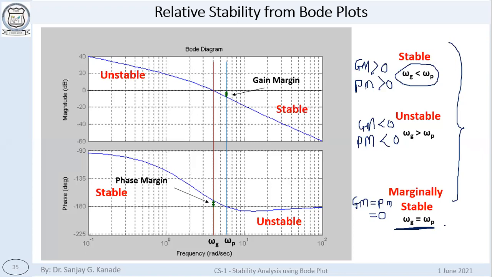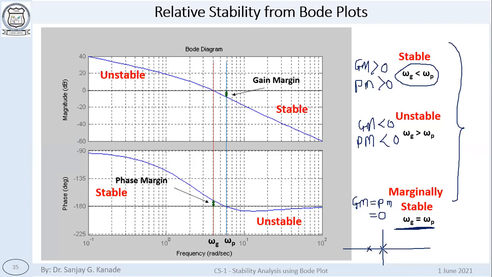Marginally stable means what? Marginally stable system means the system is already at the verge of instability, right? If you take a look at the poles, if pole is here, the system is stable. If pole is here, system is marginally stable.